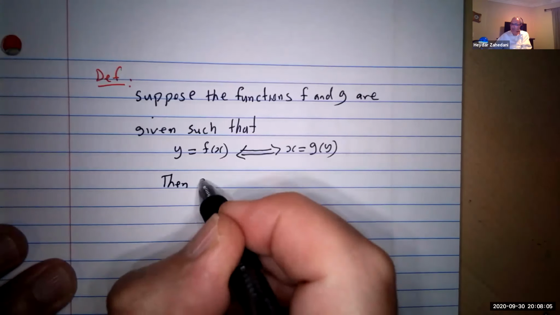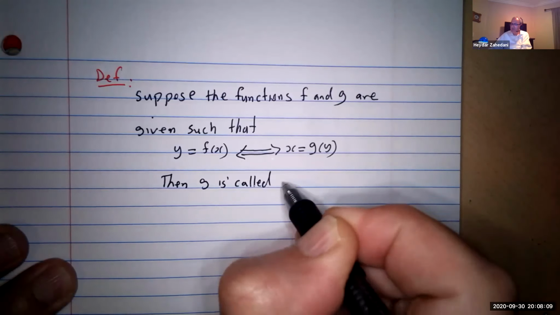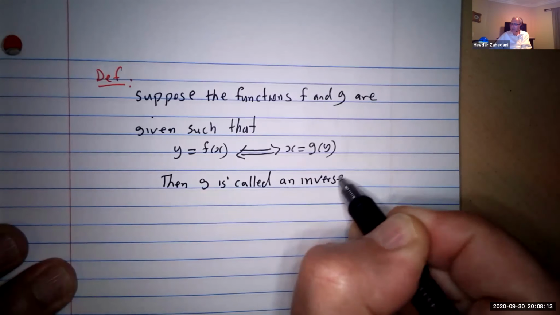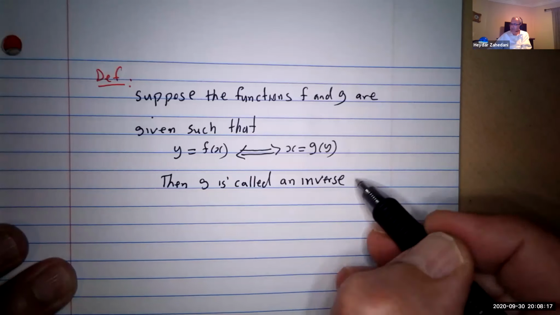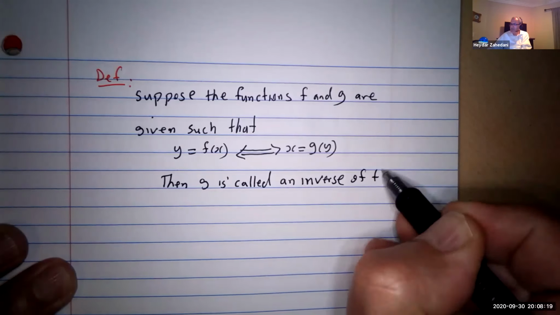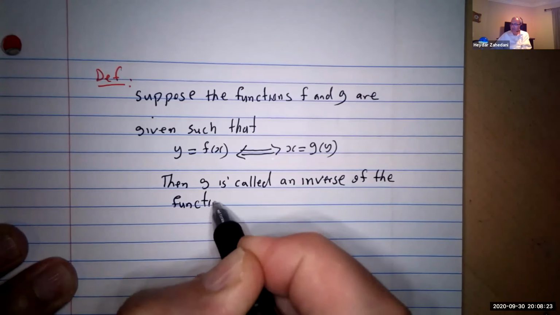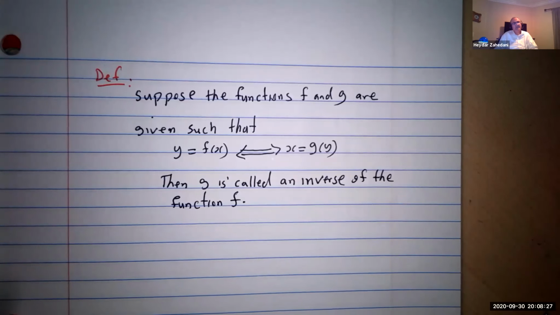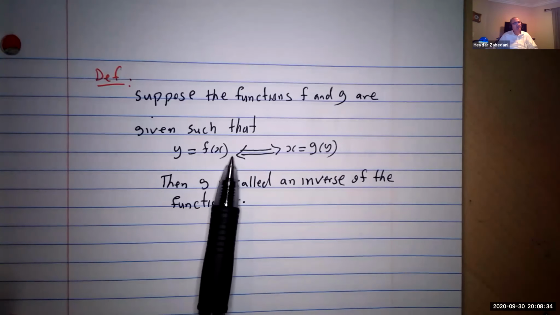If this is going to be the case, then g is going to be called an inverse function, an inverse of the function f. This is exactly the same thing I did with the relation for you. I switch it. You see, this is y equal to the f of x.